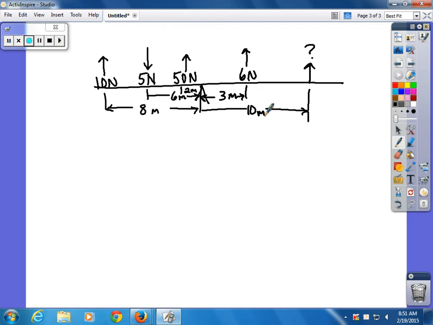Now, when you're dealing with forces going up and down, I like to tell students clockwise and what? Counterclockwise. So, your 10 times 8, that's going which way?